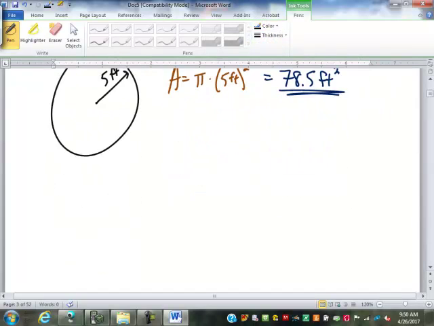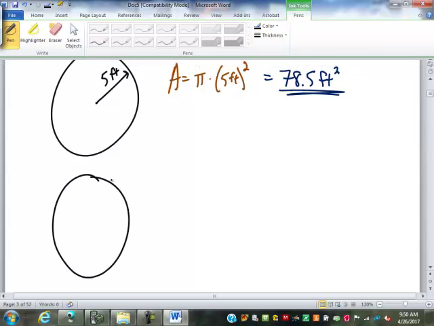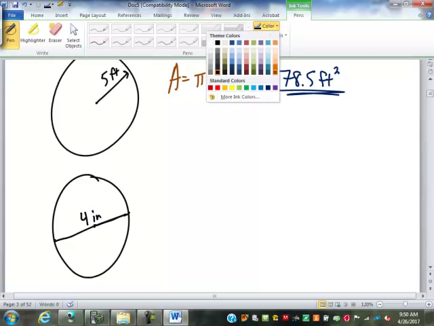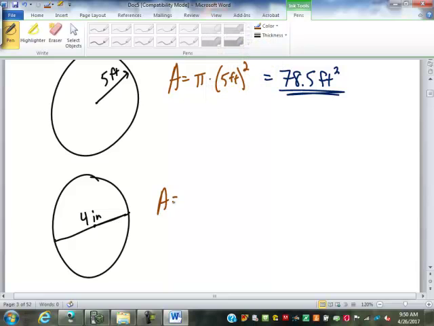Or if I give you a circle, and I tell you that the diameter of this circle is 4 inches. How do I find the area? Pi times what?